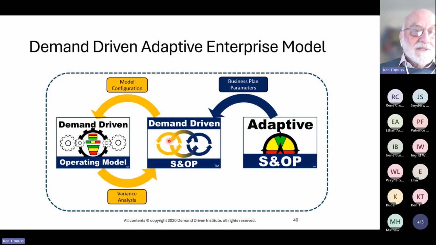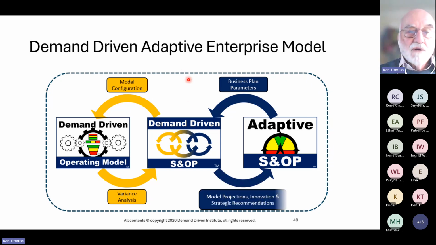The goal is, this is where we make our money, isn't it, in the factory? And so we want to make that work as best as possible. So we are continuously setting up the model configuration, seeing if it works, modifying it as we need to make it work better. But at the same time, in the S&OP here, we're bringing in our demand plans and our forecasts.